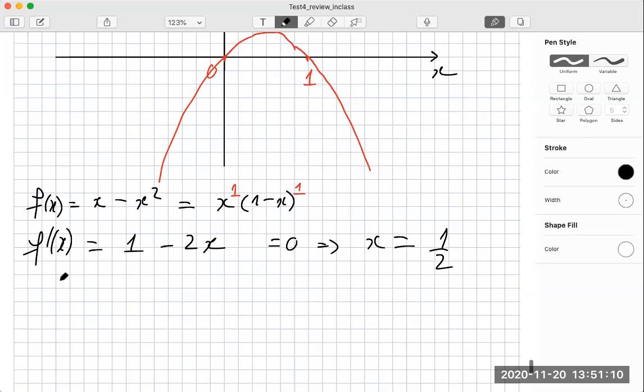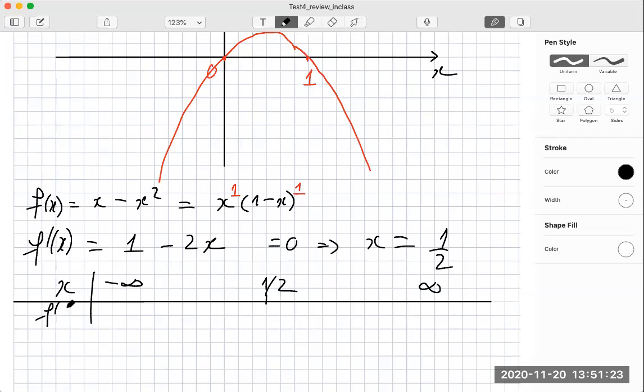So when you make a table to study this function from negative infinity to infinity, f prime has a solution at 1/2. For x smaller than 1/2, this will be positive, and negative after, which means the function is increasing and then decreasing.